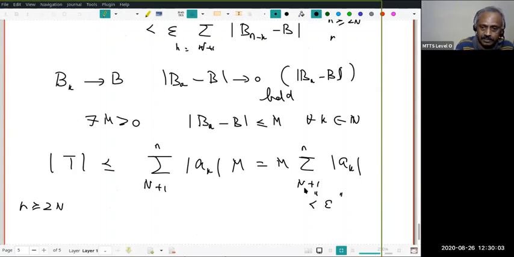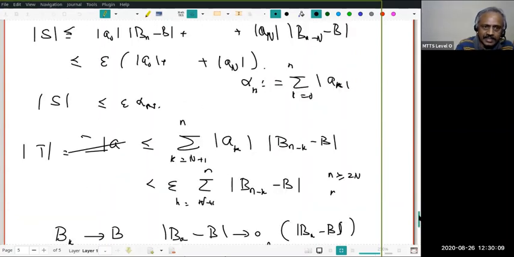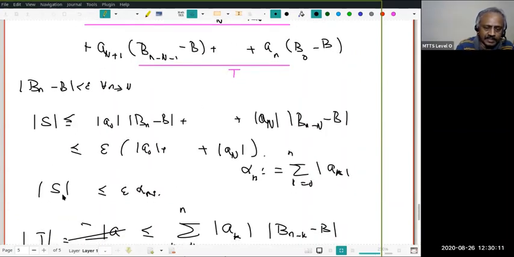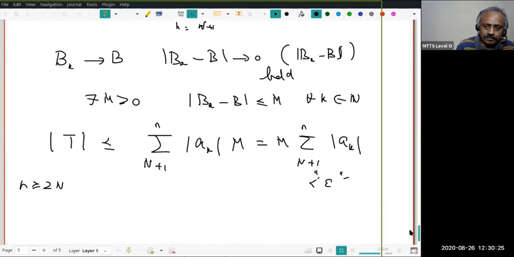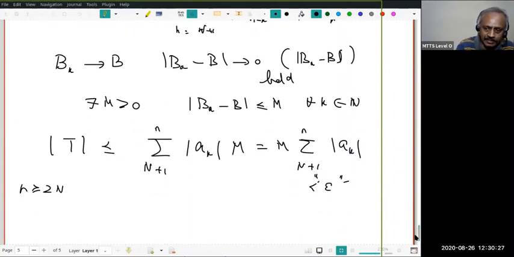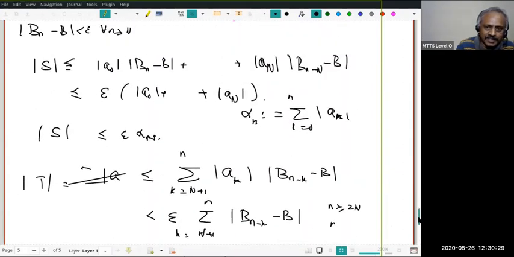Therefore, this is almost like an infinite series. You follow that? Look at this and look at the earlier thing, the estimate for mod s, which involved epsilon times alpha n, where alpha n is the partial sums of the series summation mod a k, the absolute series. Okay. Now, if I want to make sure both of them are less than epsilon, what is it that I have to do?